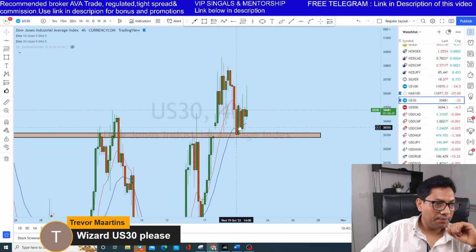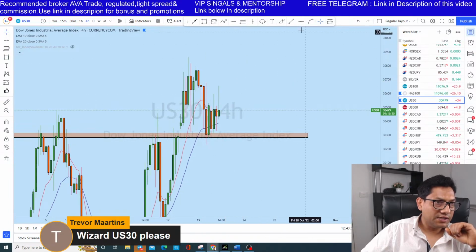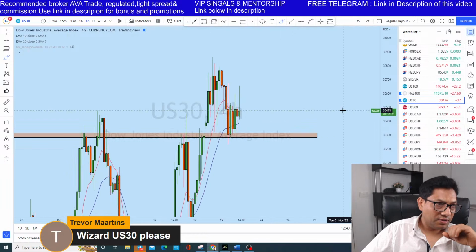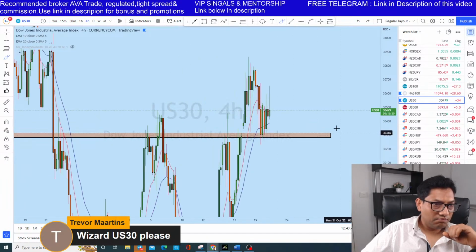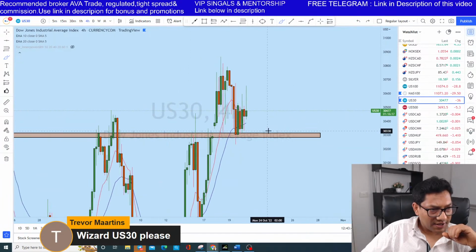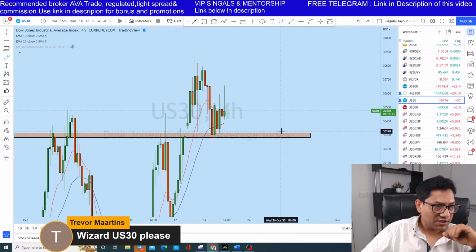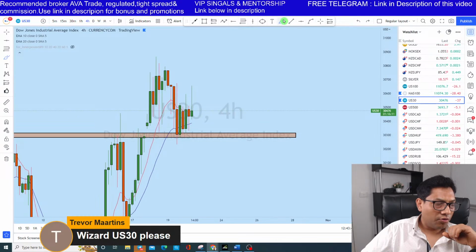On this gap, it is creating a series of higher lows. Sometimes the market is really unpredictable until you see a clear prediction. The price already created a gap here, on top of this resistance level, and on that gap it is creating a series of higher lows.